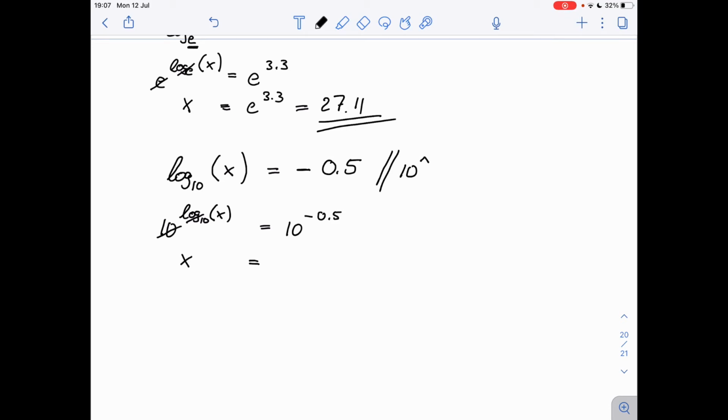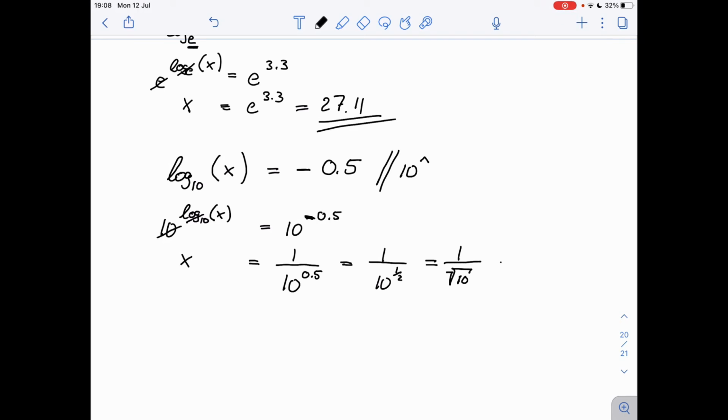and we said we can write 10 to a negative power. A negative power is basically what is left of a fraction line. So this would be 1 over 10 to the power of 0.5, which is the same as 1 over 10 to the power of 1/2, just a refresher of exponents, equals 1 over the square root of 10.